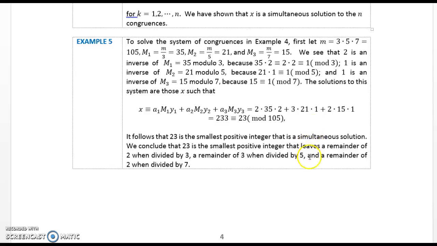It follows that 23 is the smallest positive integer that is a simultaneous solution. We conclude that 23 is the smallest positive integer that leaves a remainder of 2 when divided by 3, a remainder of 3 when divided by 5, and a remainder of 2 when divided by 7.